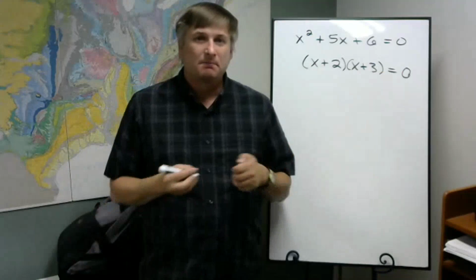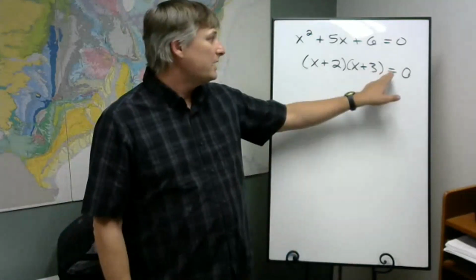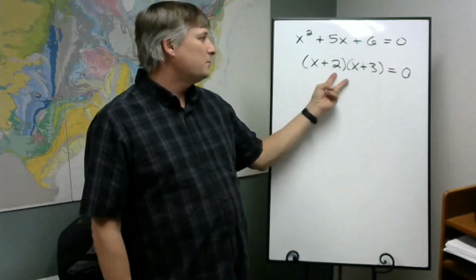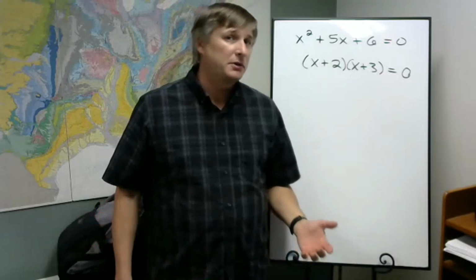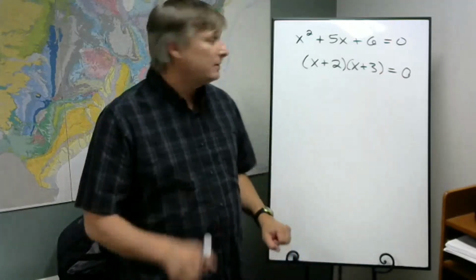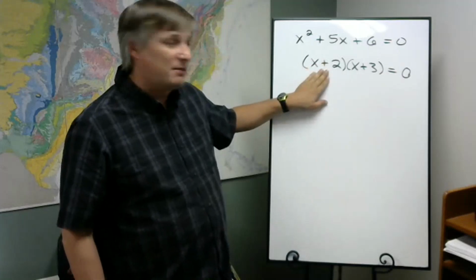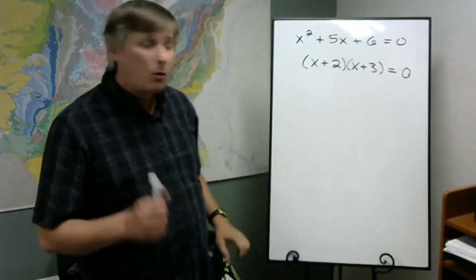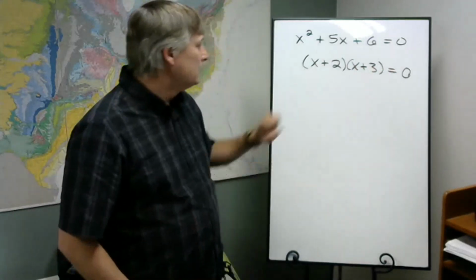So we factor this. Now, what's different about this situation is we have it equals 0. Well, we have a product of two things that equal 0. This equation is only going to be true according to the zero product property. That means when you pick a value for x, it better make this 0, because 0 times anything will be 0, or it's going to make this 0 our choice for x.